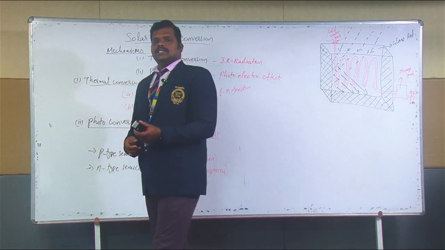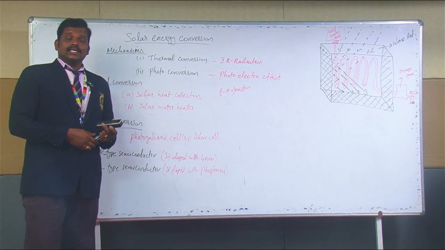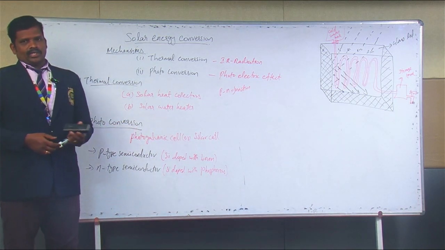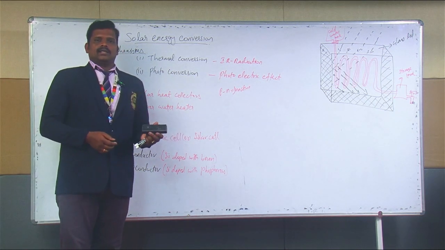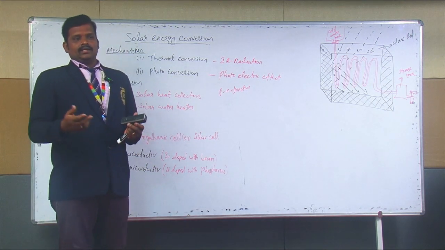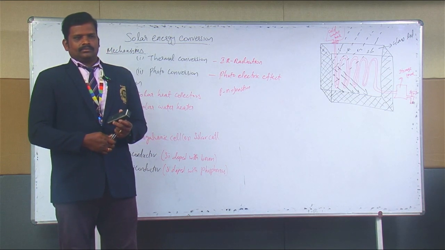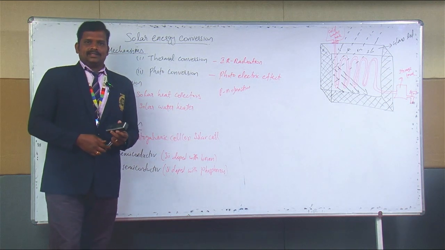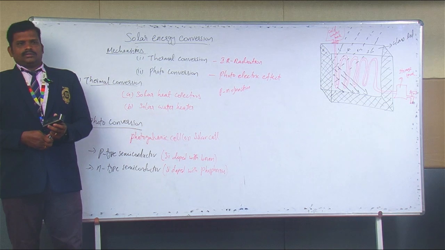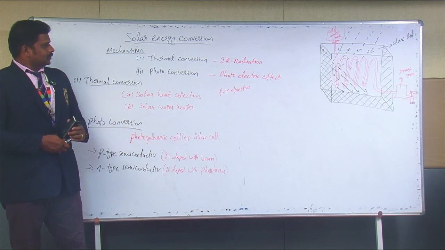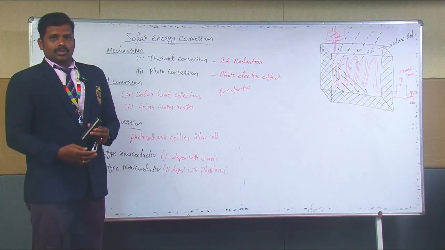Then what are the advantages of solar cells? Solar cells are generally used in remote areas and isolated areas. That's a very important one. So we can use solar energy in isolated areas like mountains and hilly regions, where it is not possible to provide electrical energy, right?